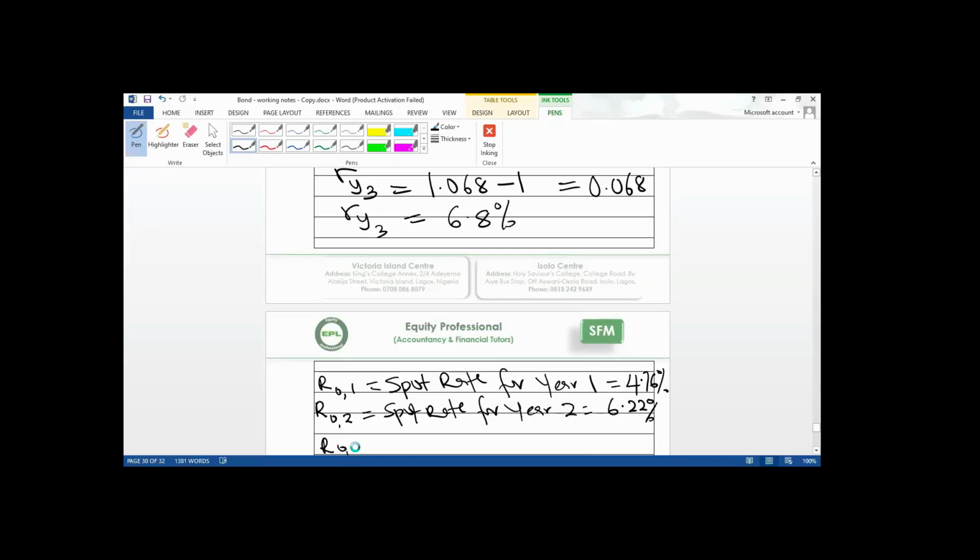R03, spot rate for year 3 is equal to 6.8%, or we can put 6.82%.